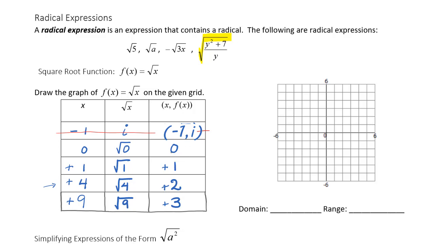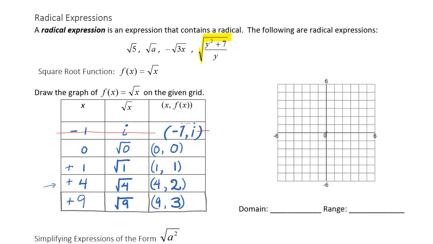So if we wanted to list these as coordinate points, it would be 0, 0; 1, 1; 4, 2; and 9, 3.